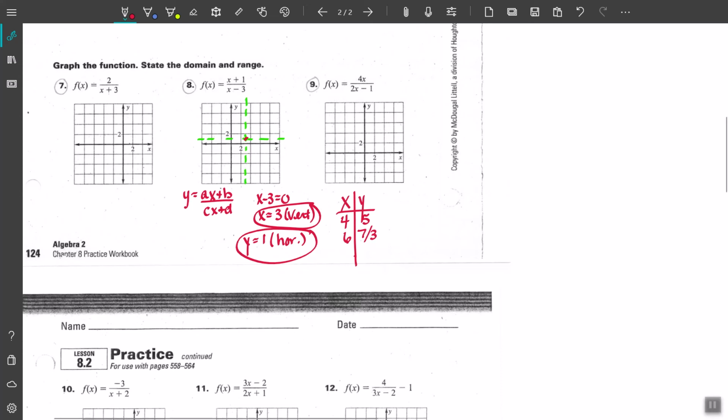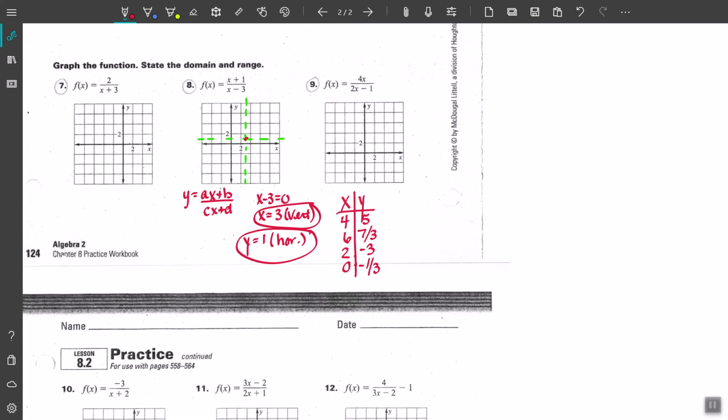And then from the intersection, I'm going to go to the left. I'm going to take 2 for my x, and I'm going to evaluate 0 as well, because that one's easy. I'll get -3 and -1/3.